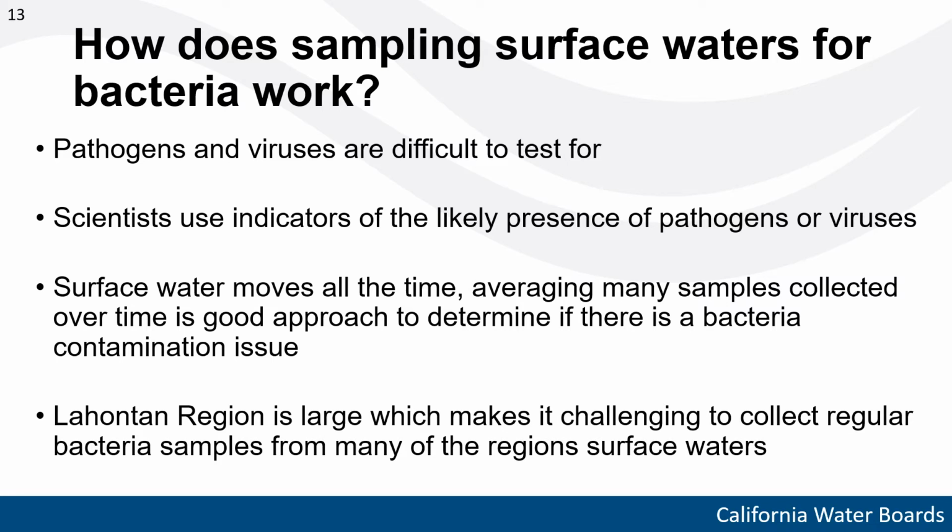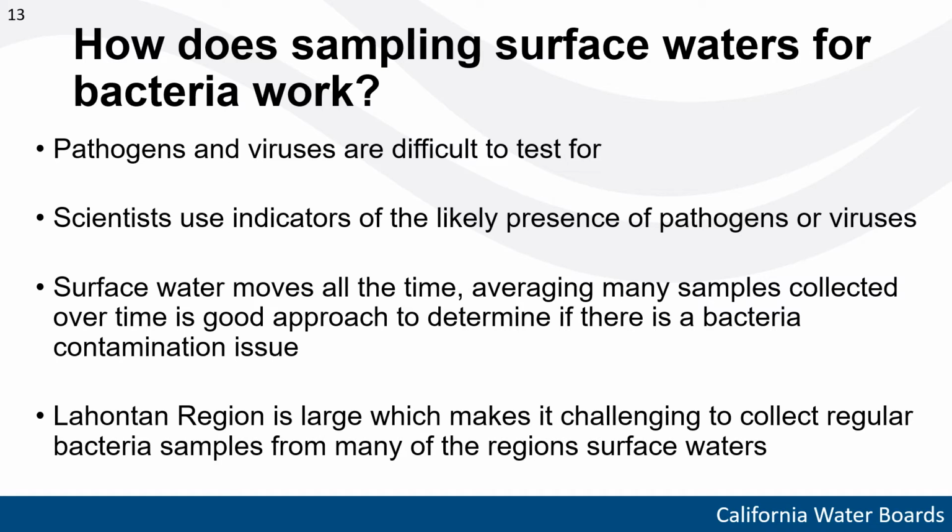Instead, scientists and regulators use indicator bacteria to tell if harmful organisms might be in a water sample. Indicator bacteria, such as fecal coliform or E. coli, are by and large benign, meaning they don't cause sicknesses. Not only are indicator bacteria generally benign, but they are also shed in great numbers in fecal wastes.